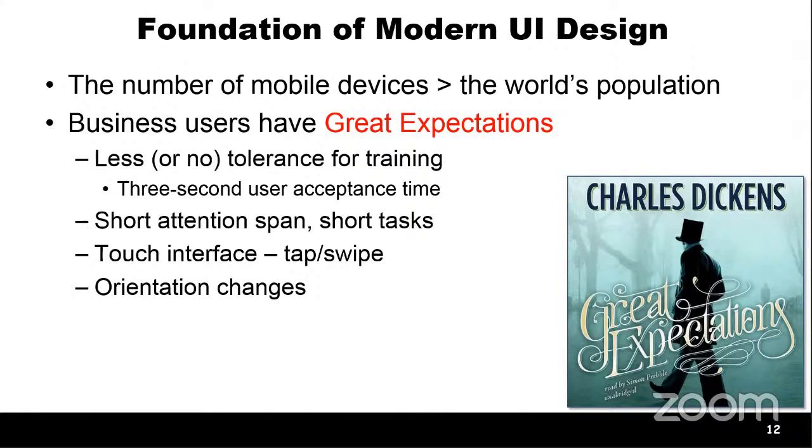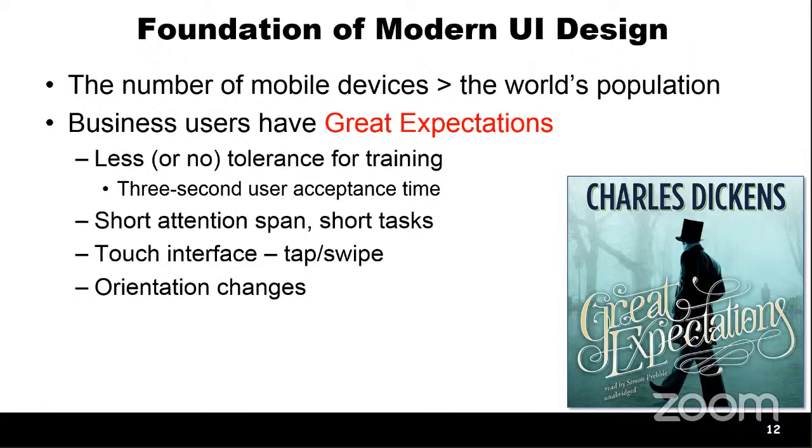And there's a study that surveyed some users and watched them in their user acceptance for applications that they download on their mobile device, and they found a 3-second acceptance time. If they downloaded an app without any training and it wasn't working the way they liked, they had 3 seconds to accept it, and if they didn't like it, they moved on.